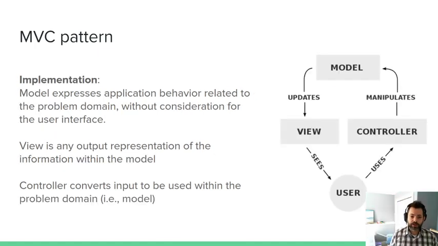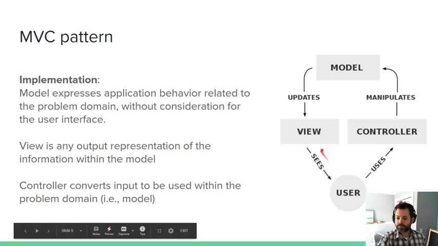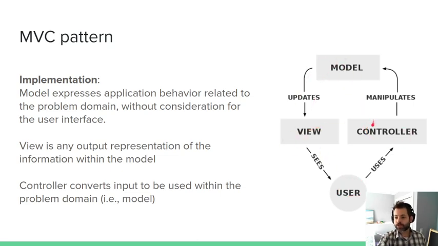So here we have a nice little informal model of the model view controller, just kind of a nice little high level here. So here we have the user, here we have our view, our controller, model. The model can update the view, the controller manipulates the model, the view sees what the user wants, the user talks to the controller, and we kind of have this nice little cycle here.